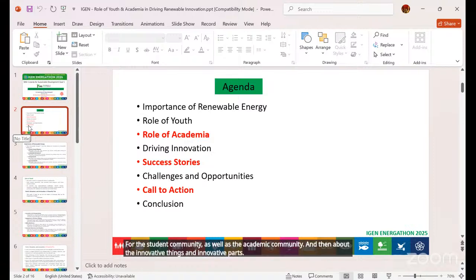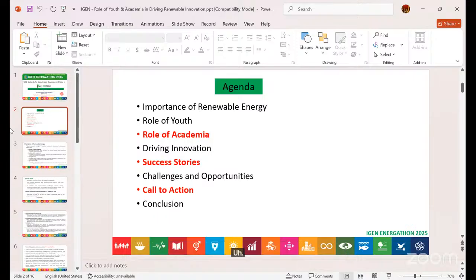Finally, some success stories, because I thought of introducing one success story, who is my student. It may not be a fit for this, but it is an ENERGATHON on renewable energy sources. Next, the challenges and opportunities. Next, what to be done, that is, a call to action, and finally the conclusion. Can we go to the next slide?